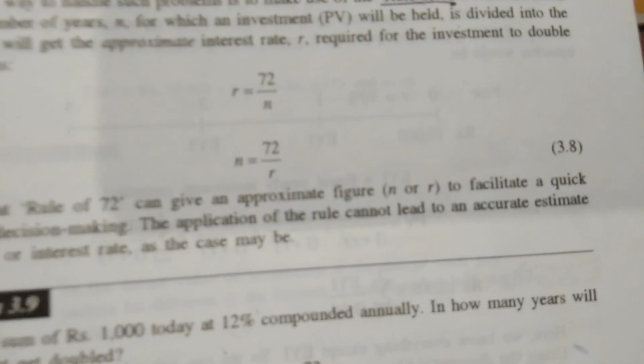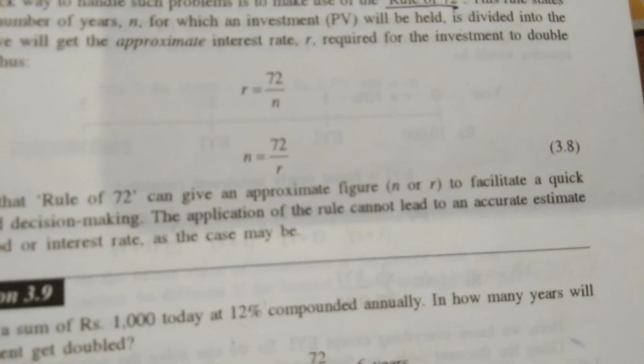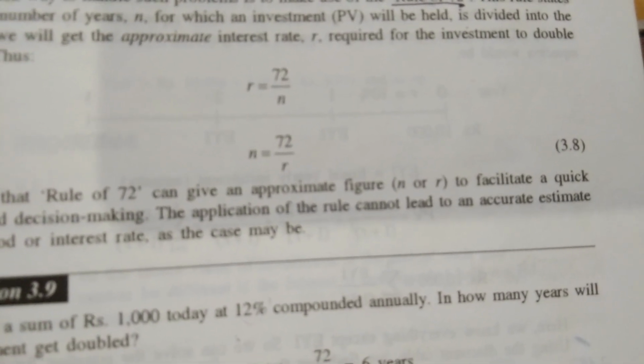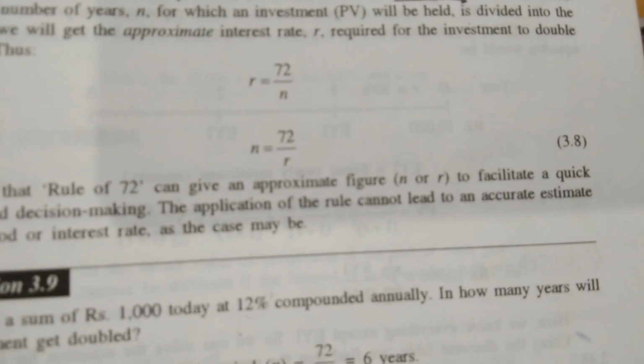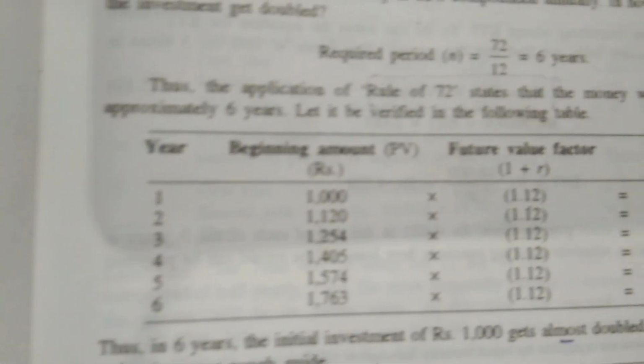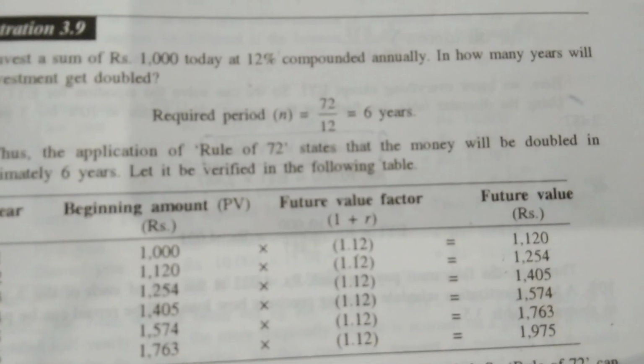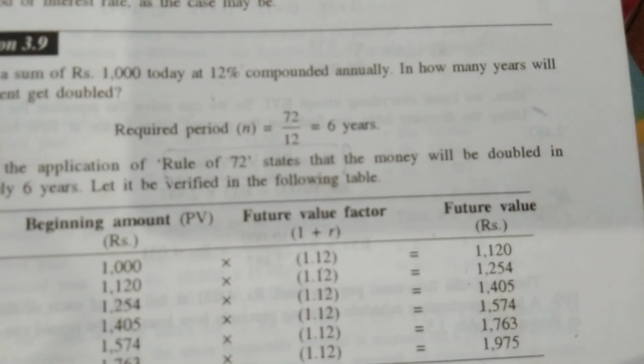Automatically, if they have given the number of years, suppose 8 years, in that case the formula will be 72 by 8, we will get R. Now very simple, first year 1000, what is the rate of interest? We have already calculated 1.12 and it is 1120.